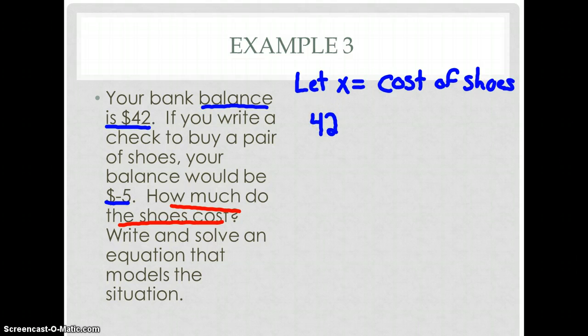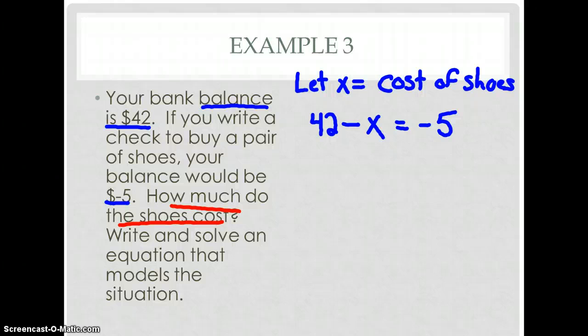When you buy something, you take money away from you and give it to whoever you're buying from. So I'm going to take my $42 and I'm going to subtract x, which is the cost of the shoes. When that happens, that means that the balance of my account is negative 5. Okay? So there's our equation.